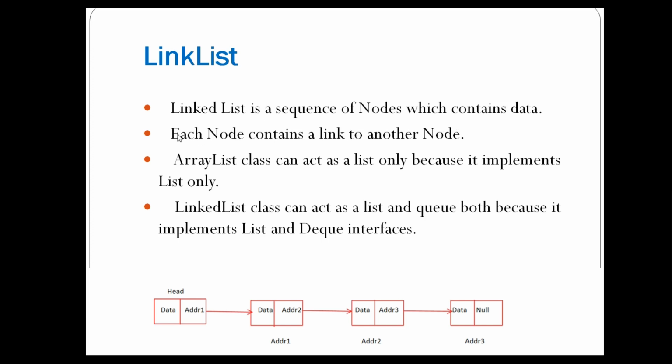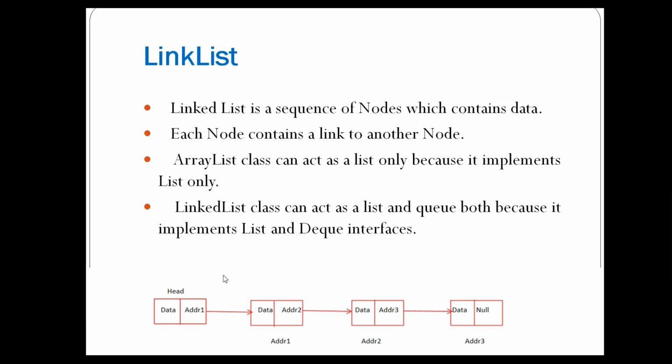Each node contains a link to another node. As you can see in the diagram, the first node is the head. It contains data and an address. Suppose I have added 1 in this head, so 1 is the data and the address is the next node.